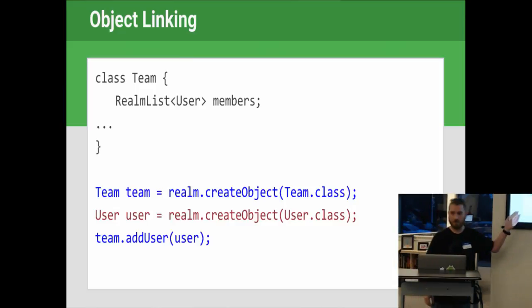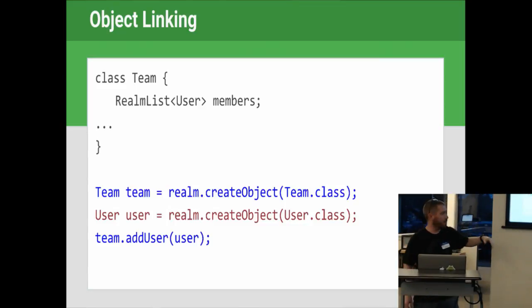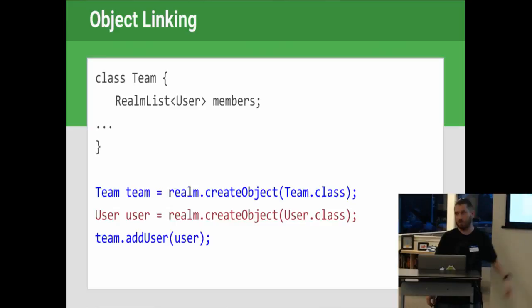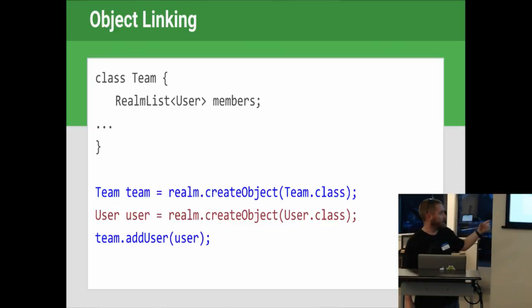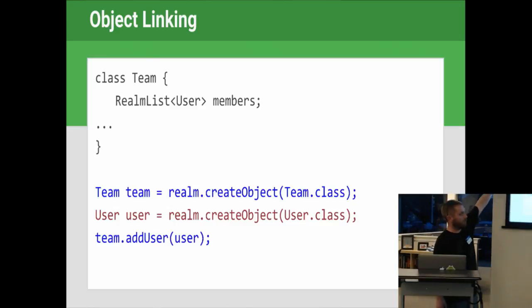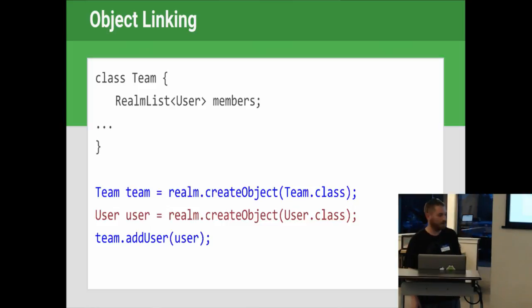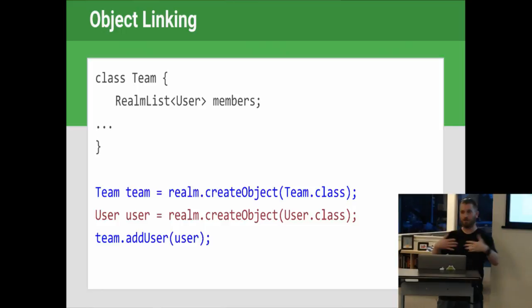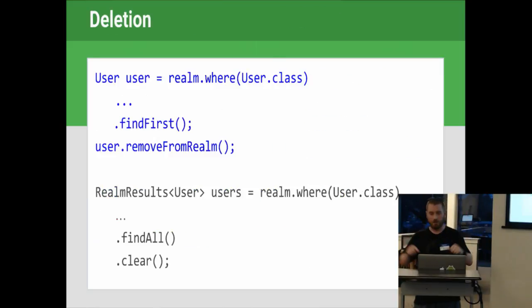So we're creating each object, because remember that Realm has to create these objects for you. And we're simply adding the user to the team. That's pretty simple, right? So inside of our database now, without the other boilerplate code for beginning and ending the transaction, we've linked these objects together. So there's only one object for each. We can look for those objects individually, and they're linked together, which is great.